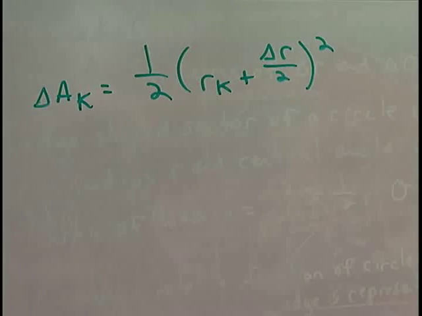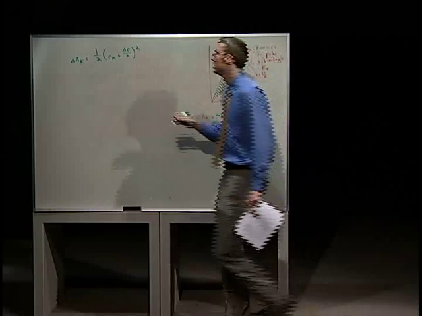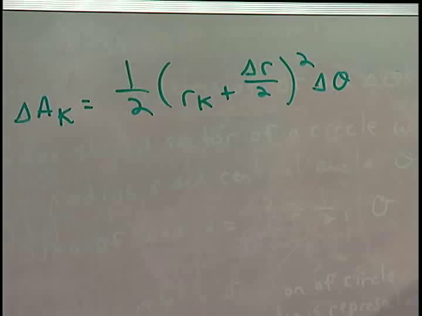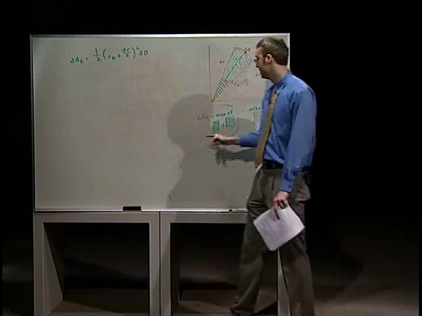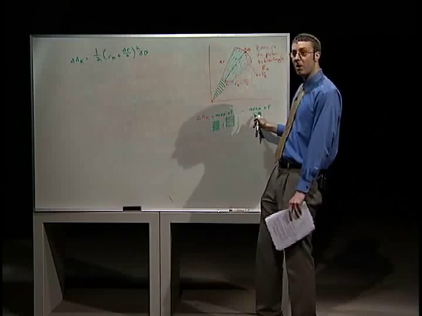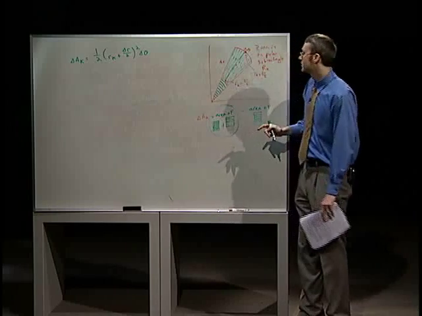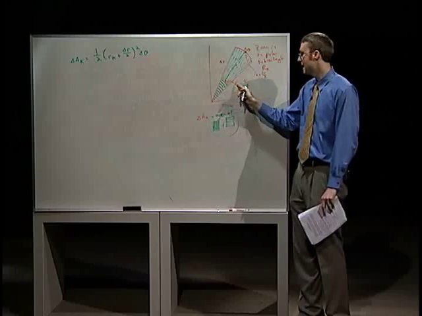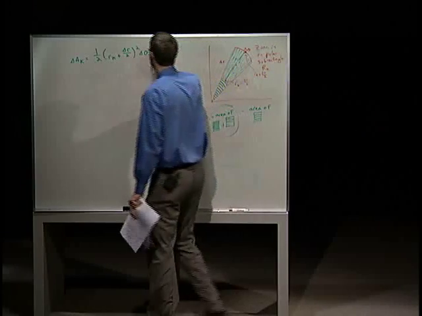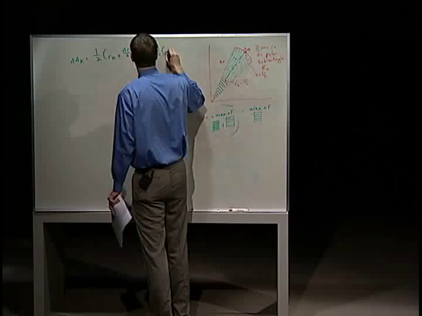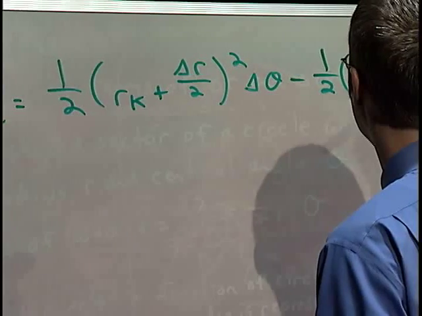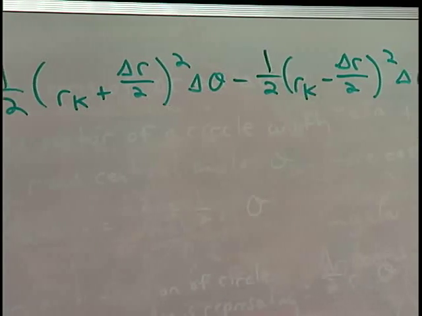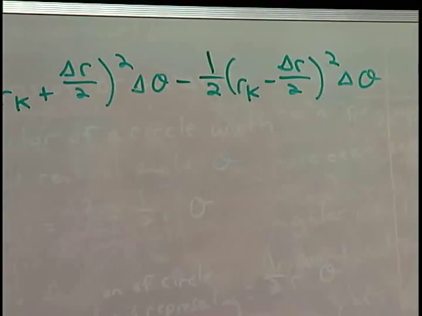And what's the angular measure of the wedge? Delta theta. So that's what that is. And I want to minus off the striped piece. The striped piece has exactly the same angular measure, but a different radius, this radius here. So that's minus 1/2 r sub k minus delta r over 2 squared delta theta. That's this piece down here.